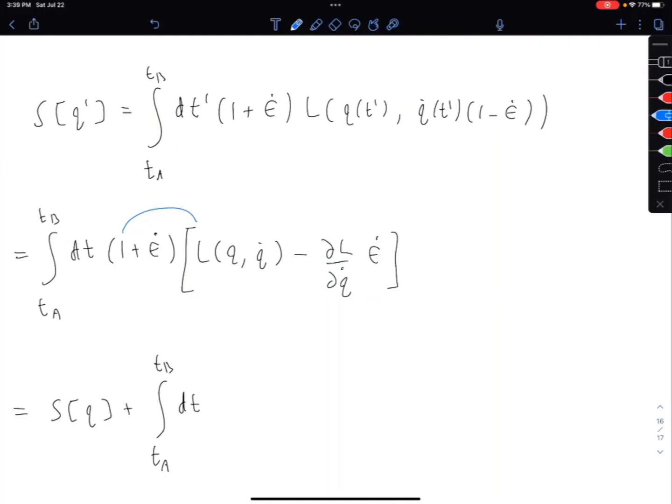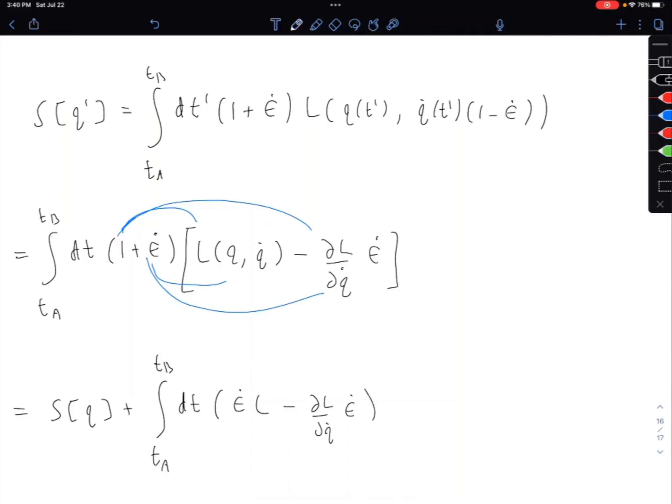Let's do this term: it's epsilon dot times L. And then I will also have this term, which is minus dL/dQ dot times epsilon dot. The last term would be this term with this term, but that would be order epsilon dot squared, and we drop that, because we're only expanding to linear order.